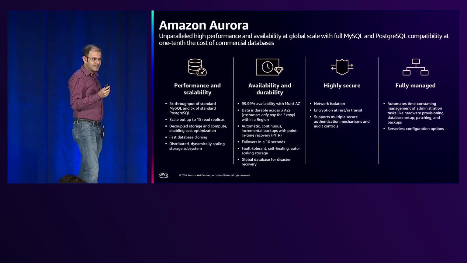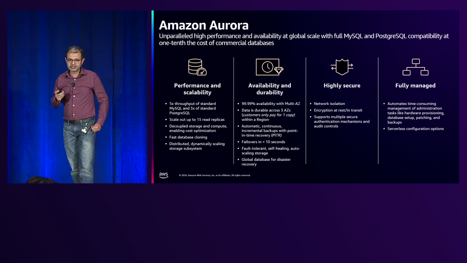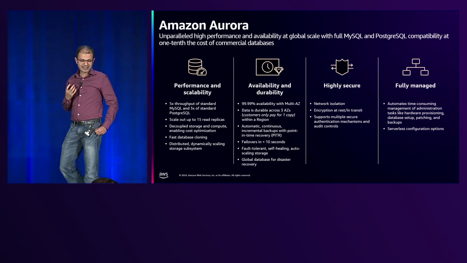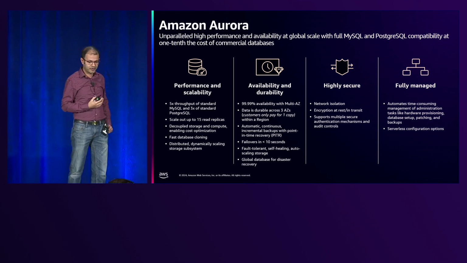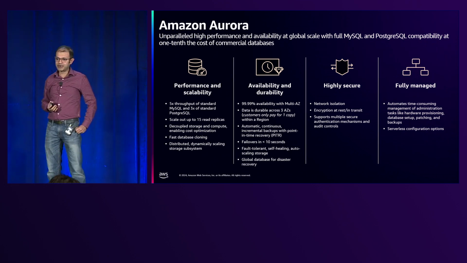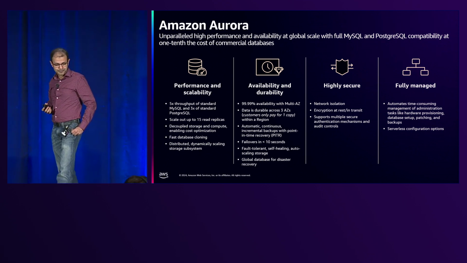In this relational database family, we also have Amazon Aurora, which is our purpose-built relational database that provides unparalleled high performance and availability at a global scale, while providing the same compatibility with open source software such as MySQL and Postgres.